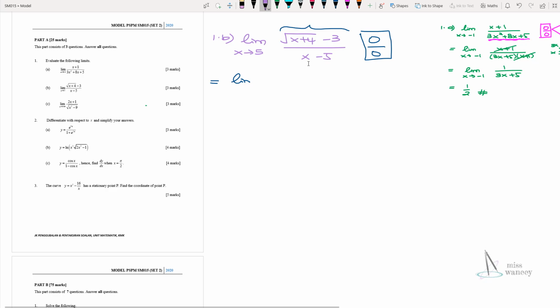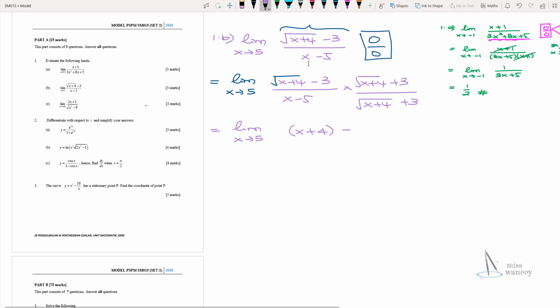This is the limit as x approaches 5 of (√(x + 4) - 3) over (x - 5), multiplied by (√(x + 4) + 3) over (√(x + 4) + 3). Now let us multiply them first. Square root times square root gives x + 4, then -3 times 3 gives -9, over (x - 5)(√(x + 4) + 3).